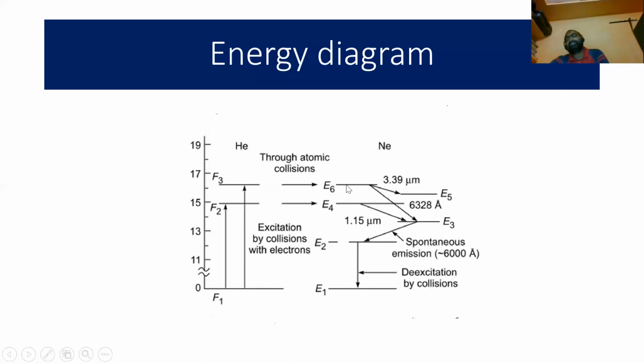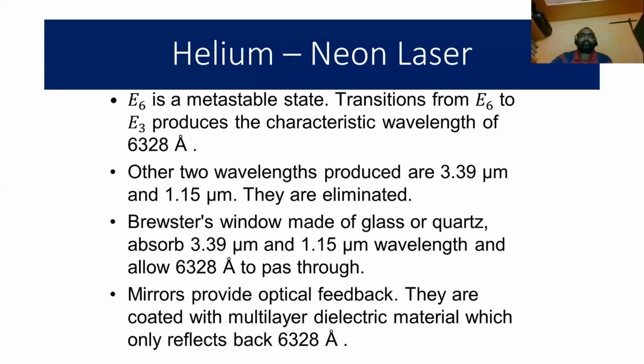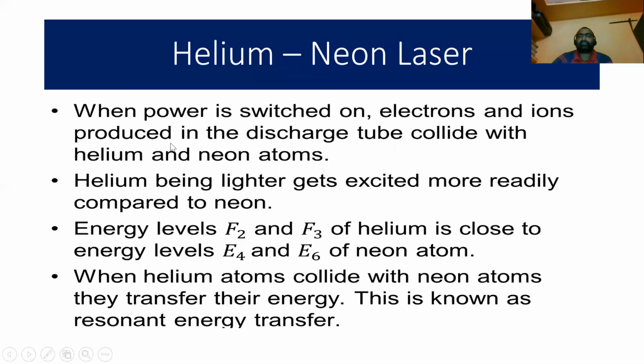If any energy level has that property, if it is a metastable state, we can easily achieve population inversion. Transition from E6 to E3 produces the characteristic wavelength of 6328 angstroms.